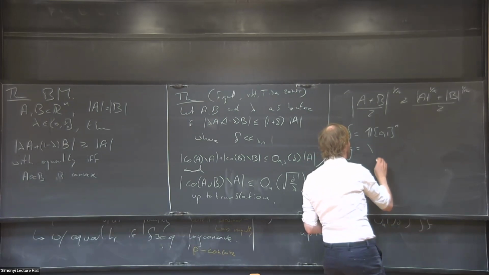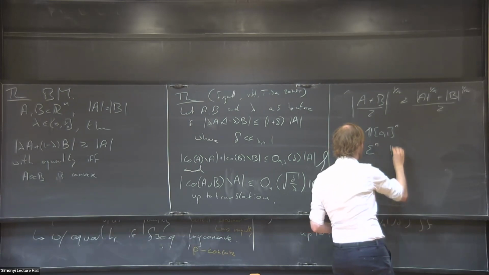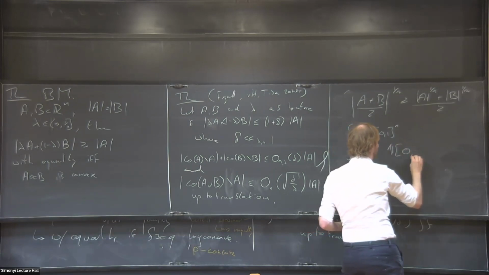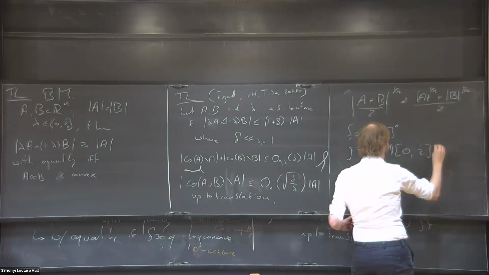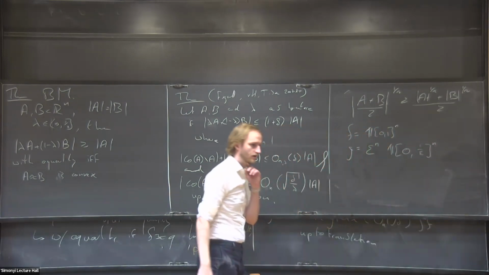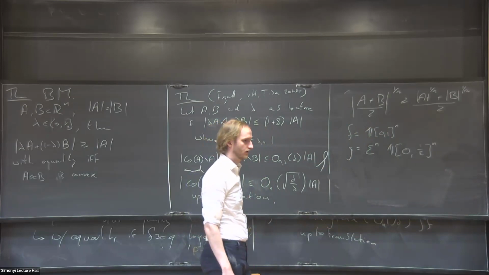Let's say it's epsilon to the n times the indicator on a cube of side length 1/epsilon. Okay.